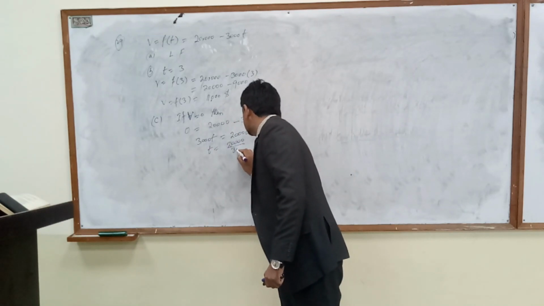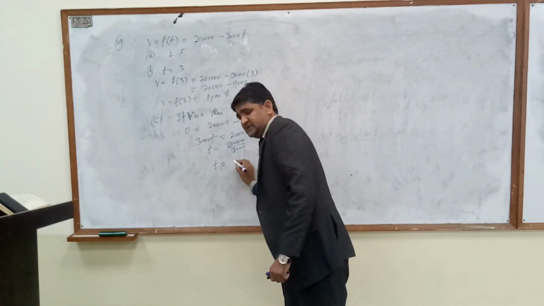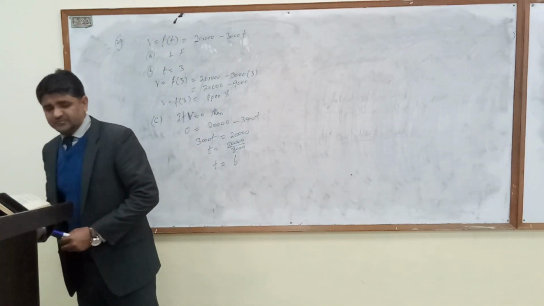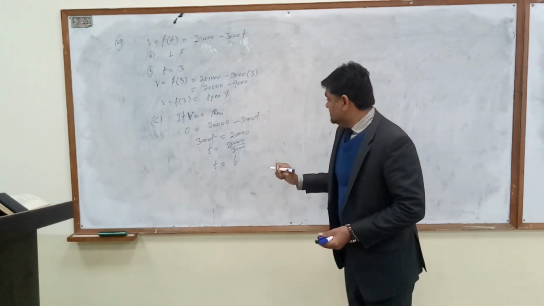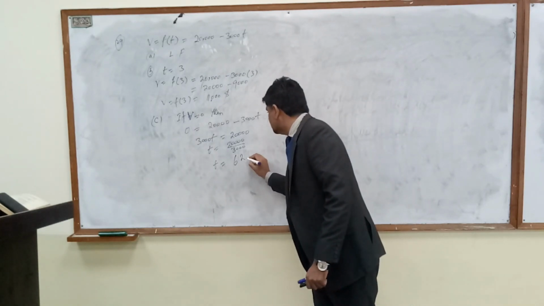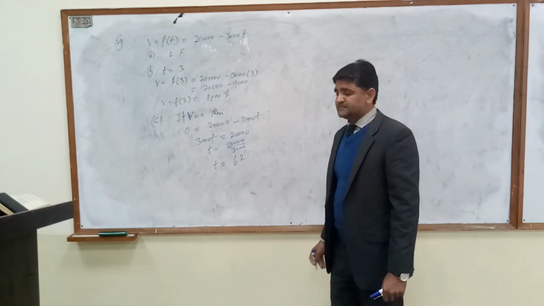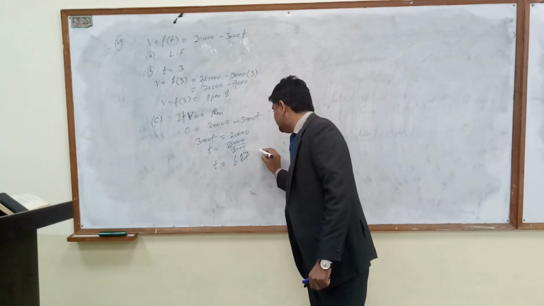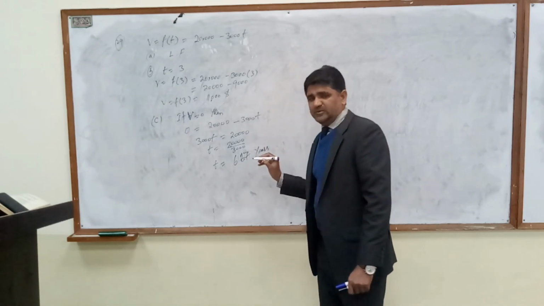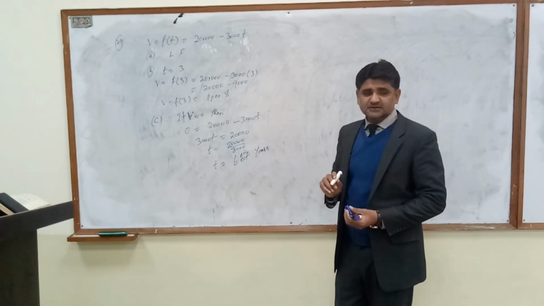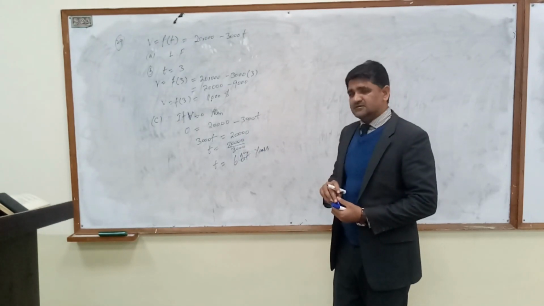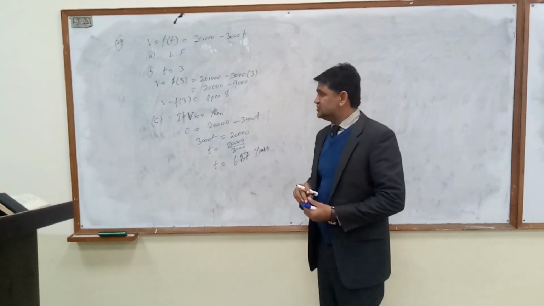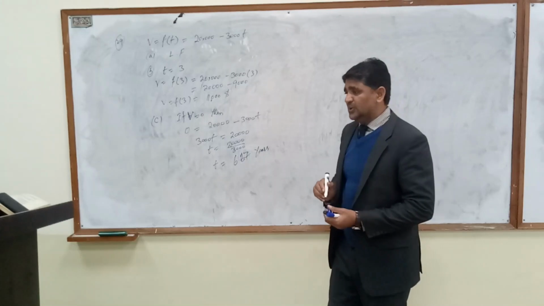What is our answer? t is equal to 6.67 years. So how can we interpret? After 6.67 years, the value of truck is equal to 0. Got the point? Yes. Okay.